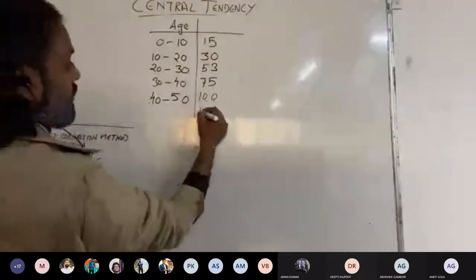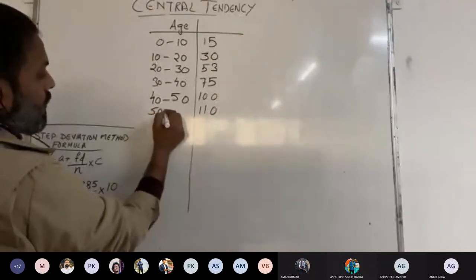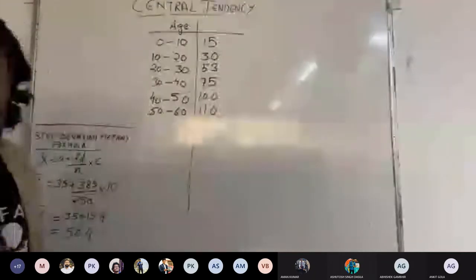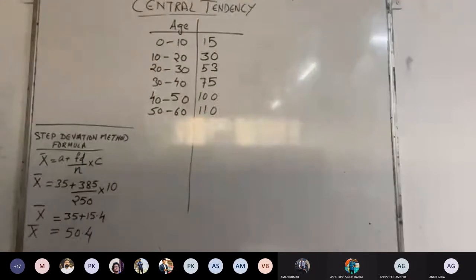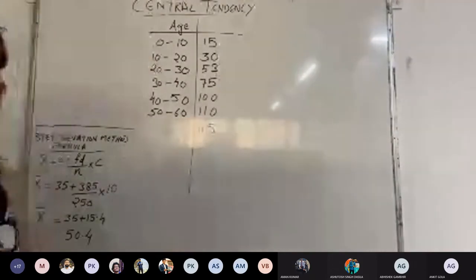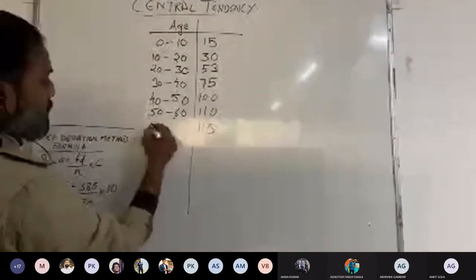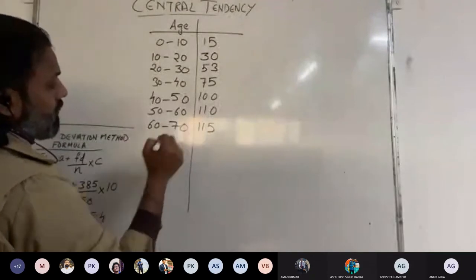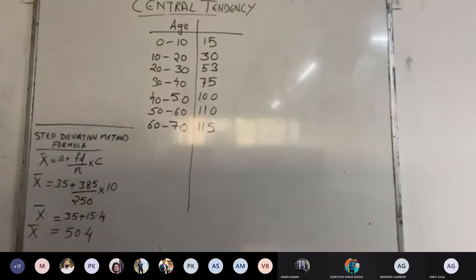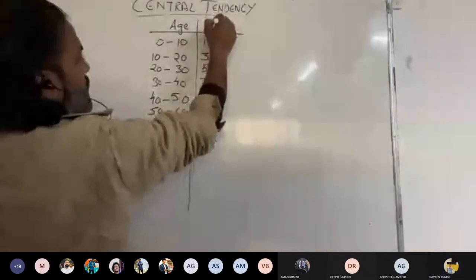And there are 110 players in the age group of 50 to 60. And 115 more players are there who are the ex-players, the retired players, between the bracket of 60 to 70. Now, this is the frequency.